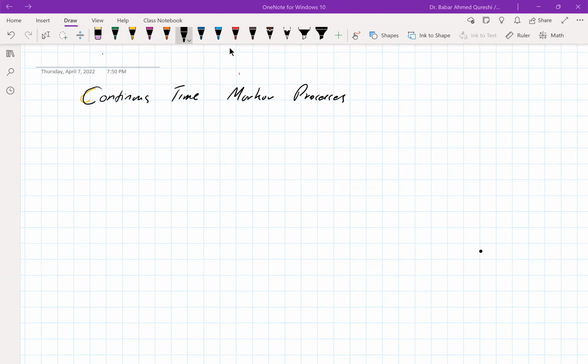So for these, if you remember, the way we represent them is that you have your states. For example, you're going to show these arrows where you can jump.